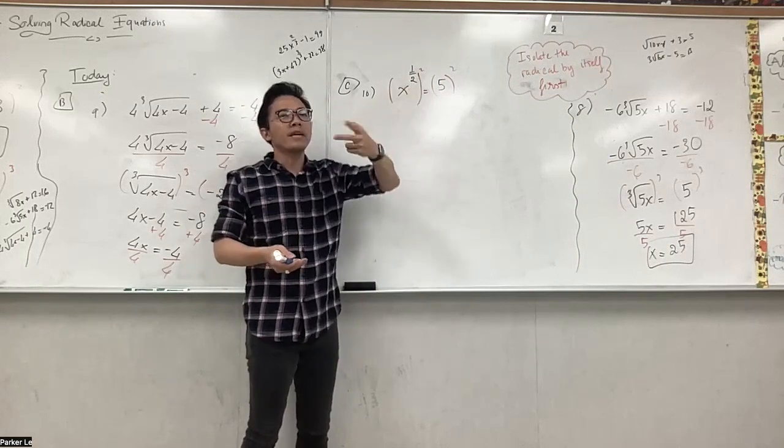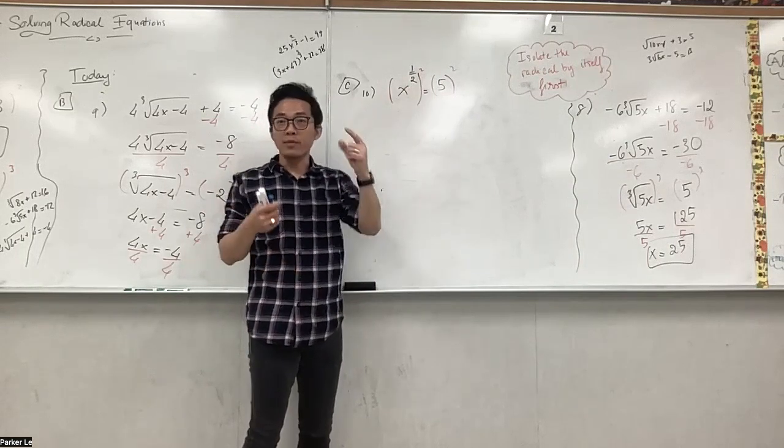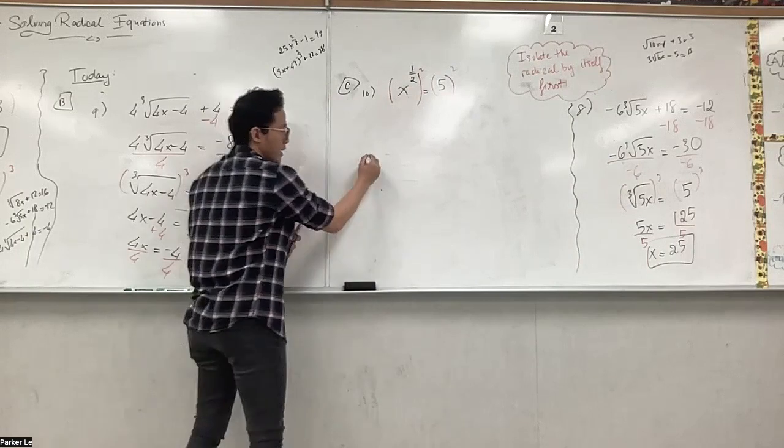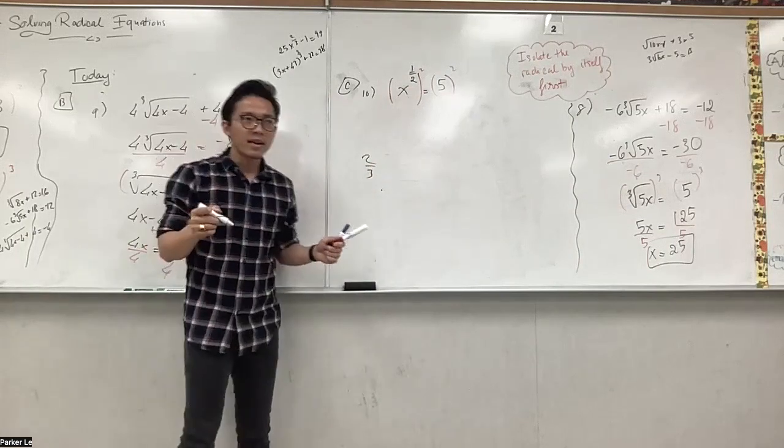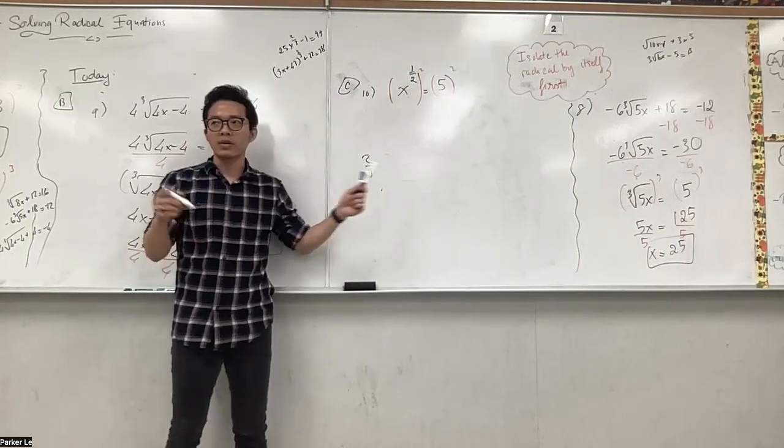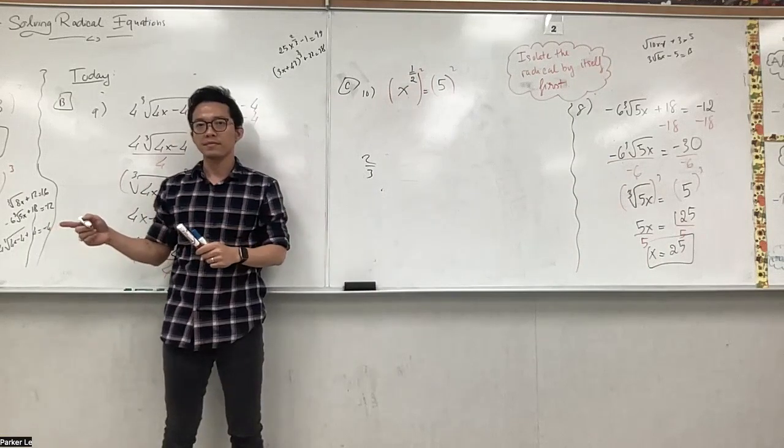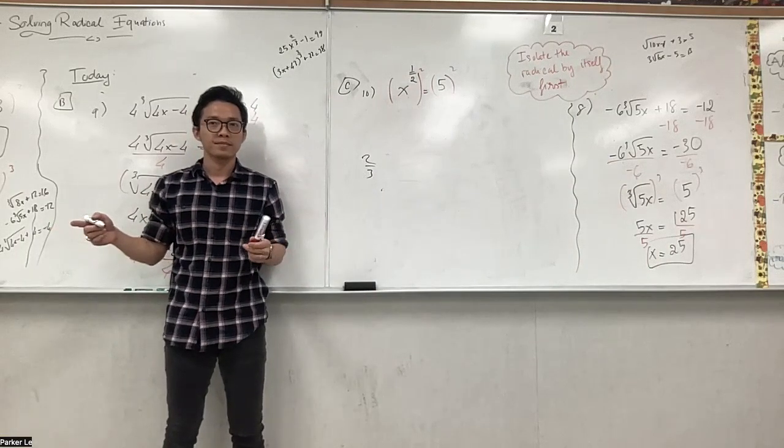But what is the name of the 2? If I give you a fraction, what number are you going to multiply it by so that you can have 1?